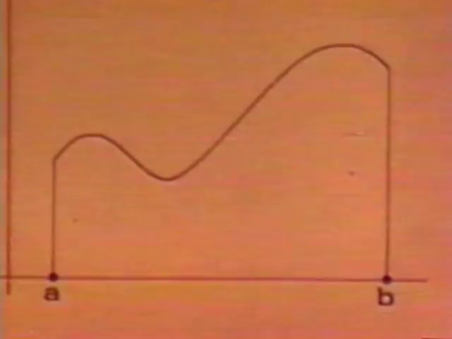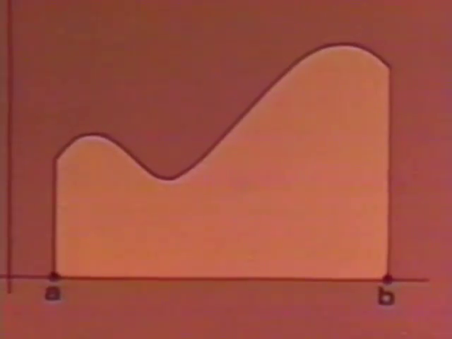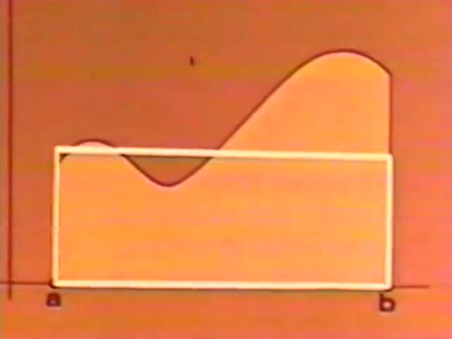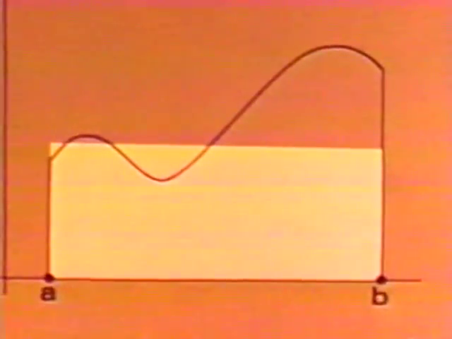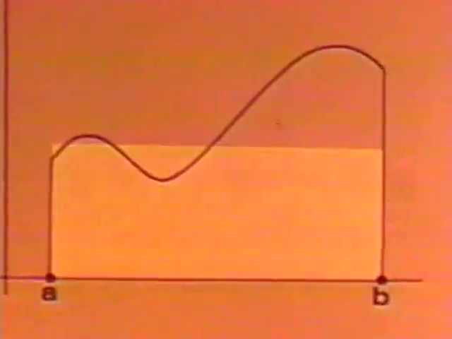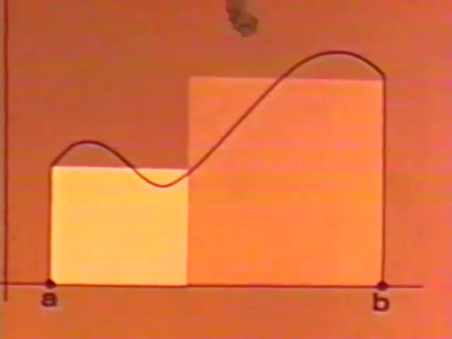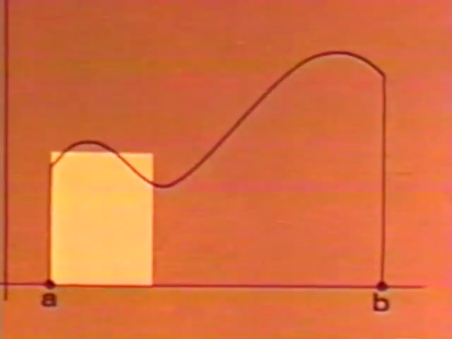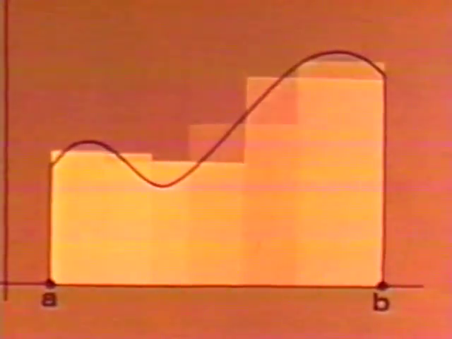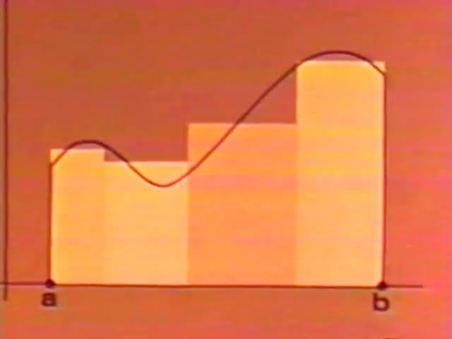A simple way to approximate this area is to draw in a rectangle by eye and compute its area. Or we might use the sum of the areas of two rectangular regions. Or perhaps we can do better by using 3, or 4, or more rectangles.